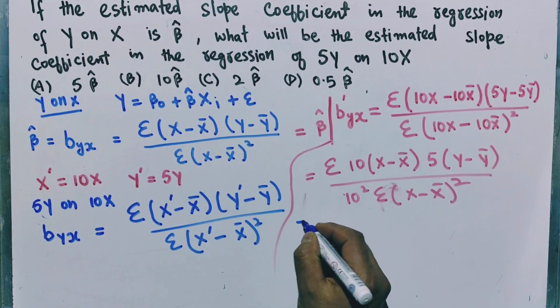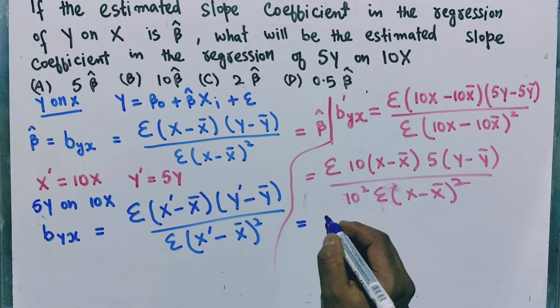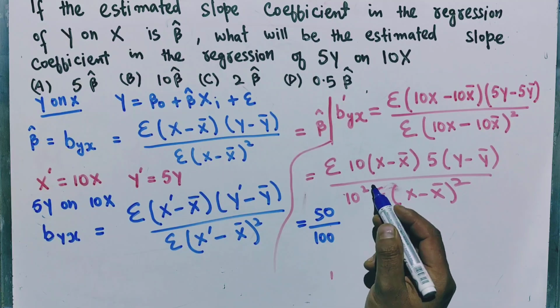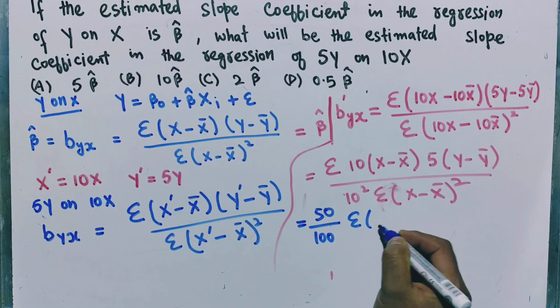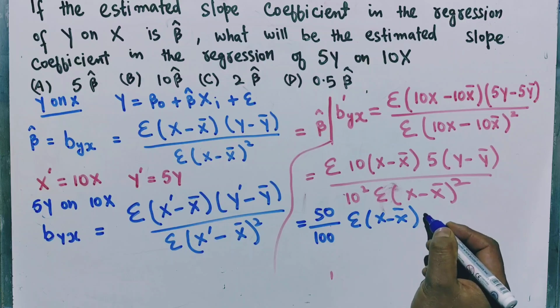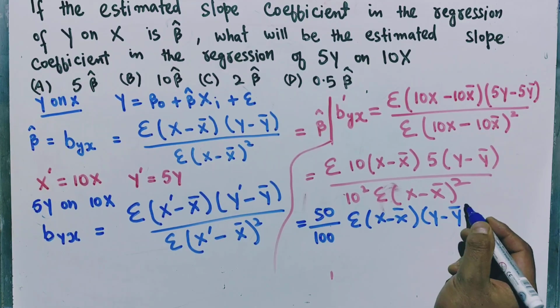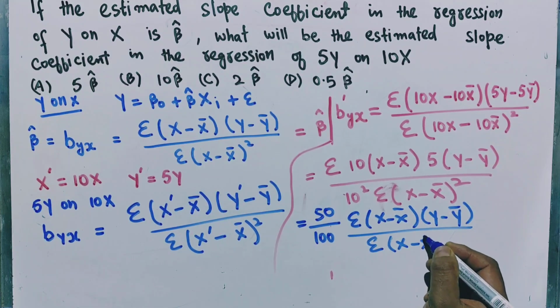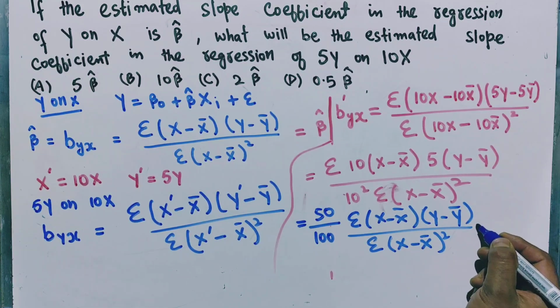So can we rewrite it like this? 10 fives are 50, so we get 50 divided by 100 times the summation of (x minus x bar) times (y minus y bar) divided by the summation of (x minus x bar) whole square.